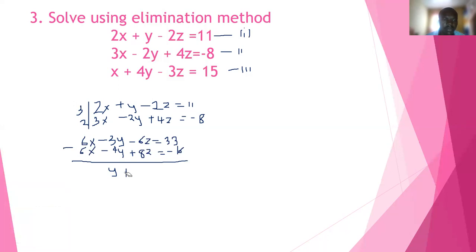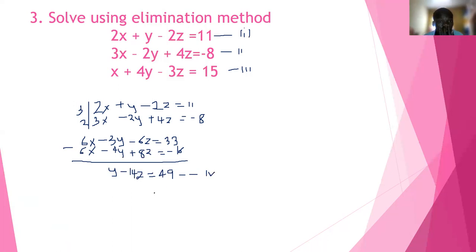Then we remain with -6z minus 8z, which will be -14z, which is equivalent to 33 minus 16, which is 49. So now this one will be our fourth equation.